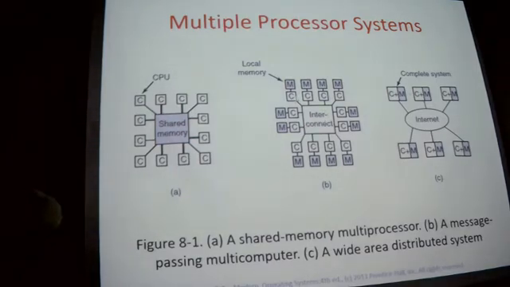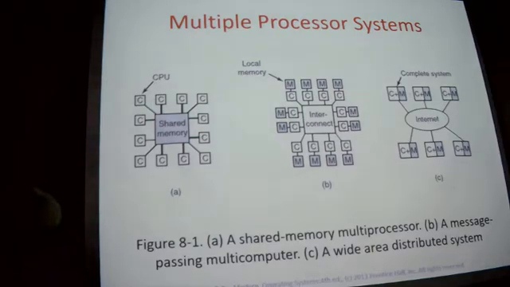For example, the first processor wants to get some data from this processor, so there must be communication. So we use an interconnect, this chip, for communication among multiple processors.